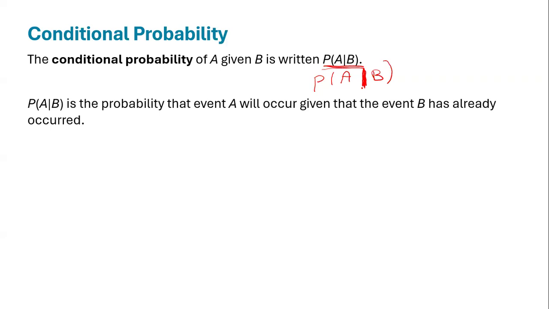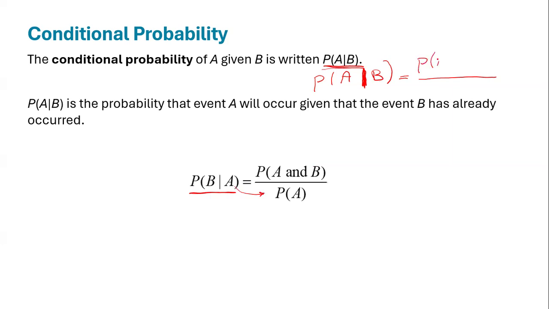To find this, we need the probability of A and B divided by the probability of B. But if it's the probability of B given A, we need the probability of A and B divided by the probability of A. A means the given part. If it's A given B, it's the probability of A and B divided by the probability of B. You always divide by the probability of the event that already occurred.